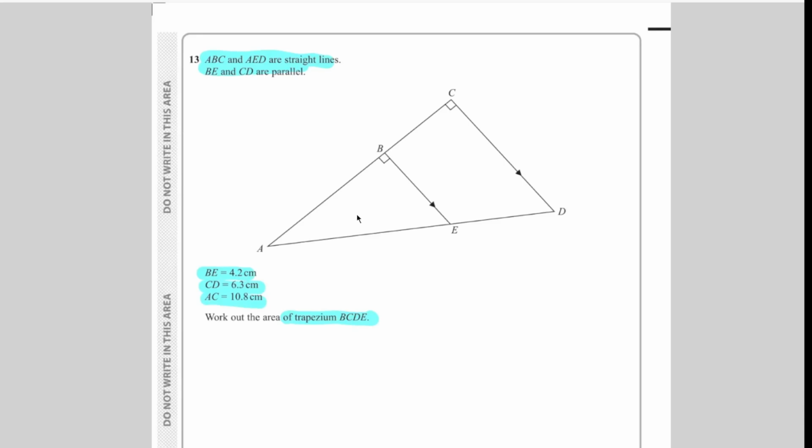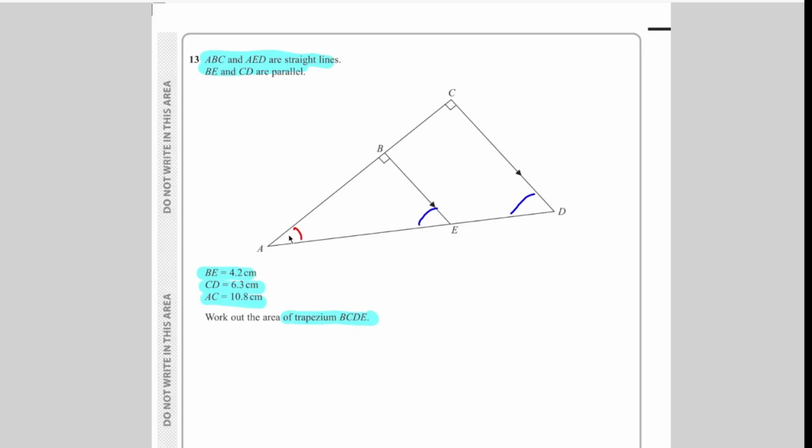Because this line is parallel to this line, right? Therefore, this angle is equal to this. How? Their corresponding angle. Can you see there is letter F? And here, this angle is common for both the triangles, triangle AEB and ADC.